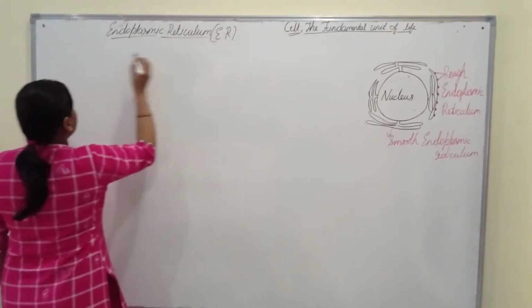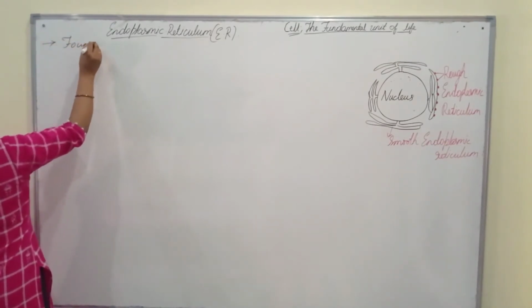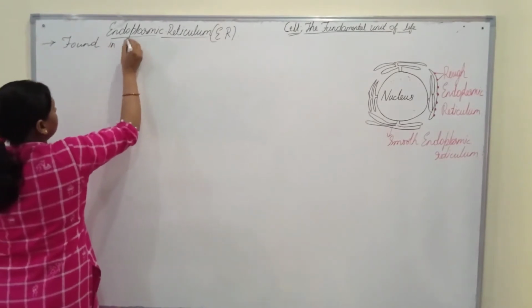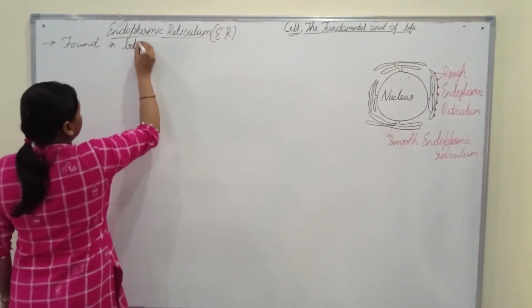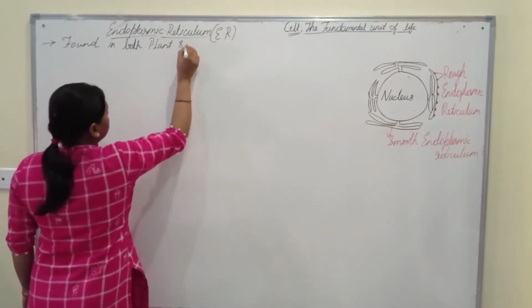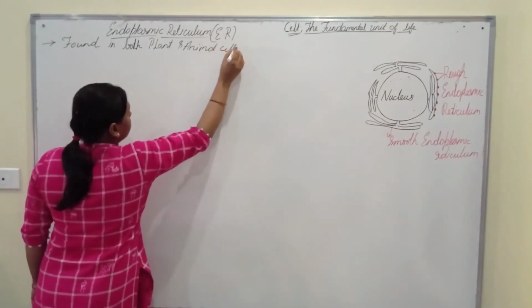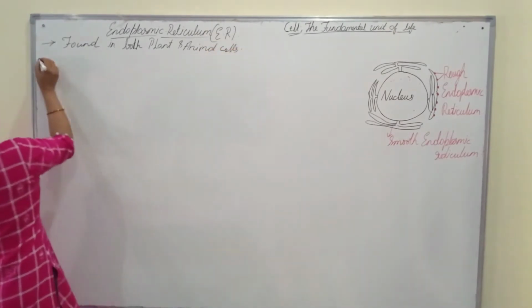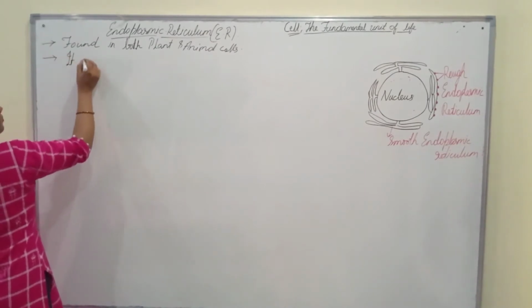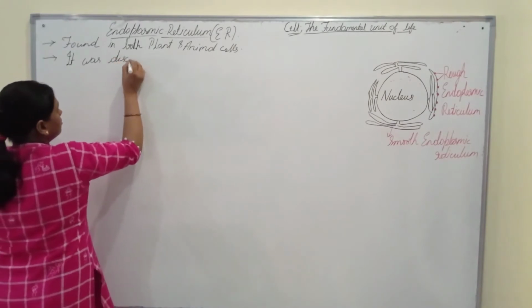It is found in both plant and animal cells. It was discovered by Porter.